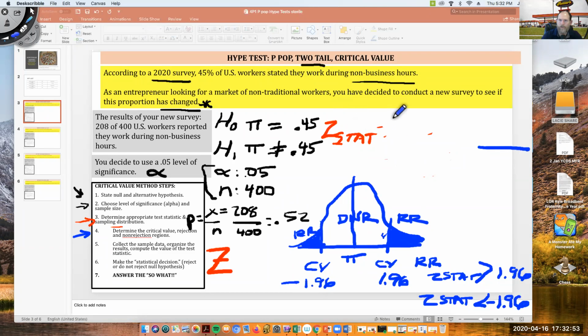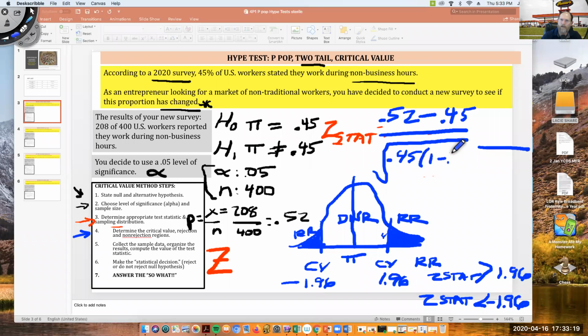So I lead in my numerator with little p, sample p. That's 0.52. I'm going to subtract the population proportion, 0.45. And then everything I do in the denominator is going to deal with that 0.45. 0.45 times 1 minus 0.45 all over 400.